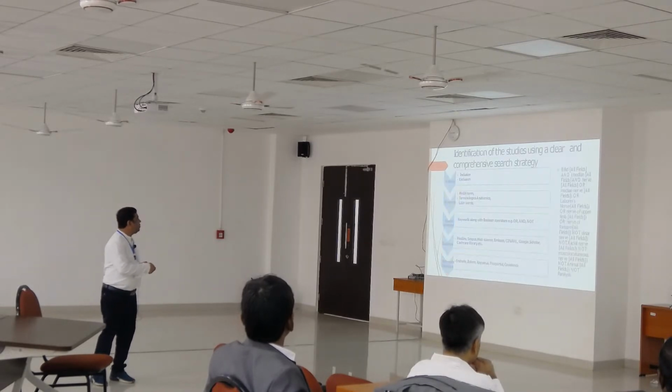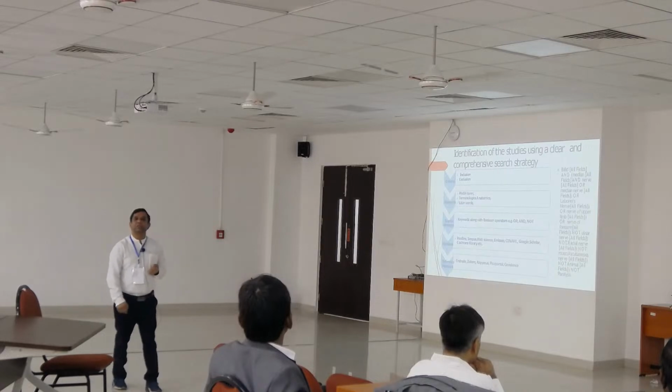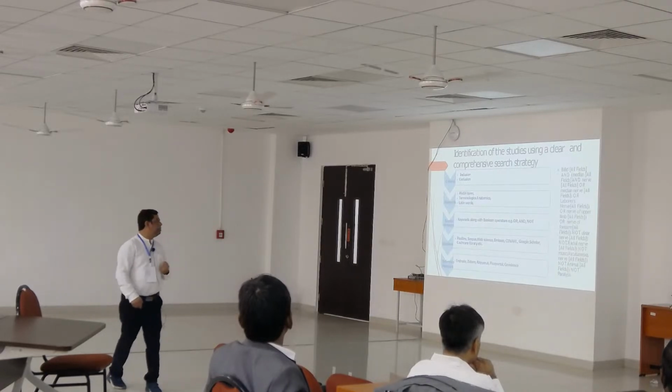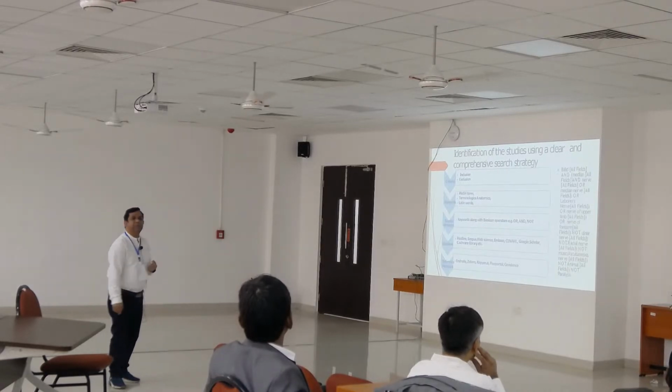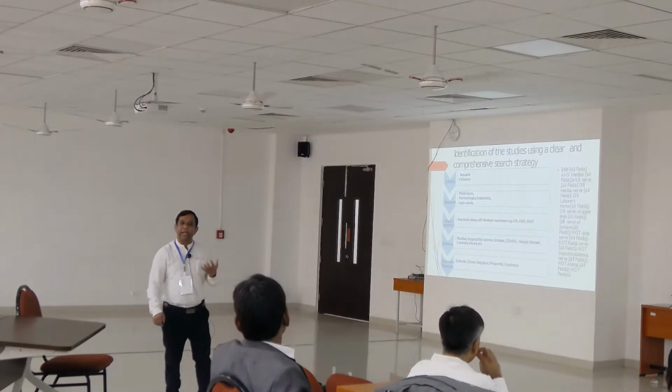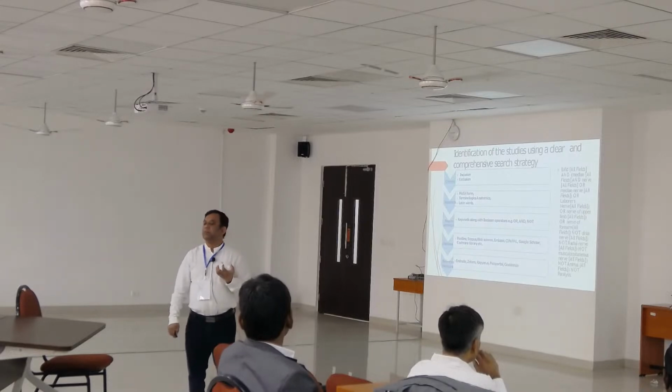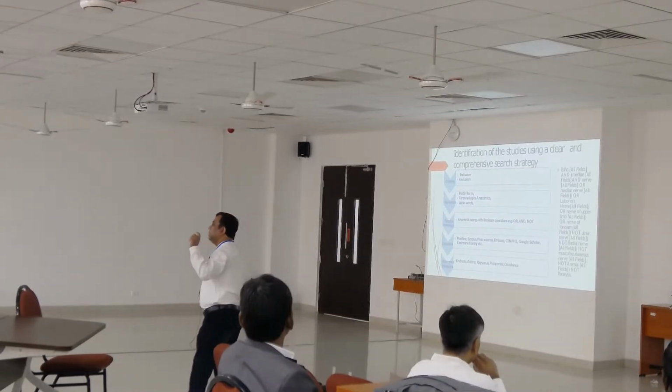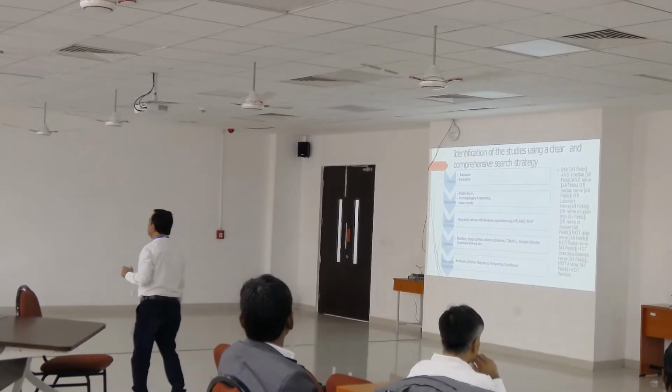Then we define the inclusion and exclusion criteria. At the same time, from the research question and title, we take the keywords in the PICO format: what are the participants, what is the intervention or exposure, what is the control, what is the outcome.